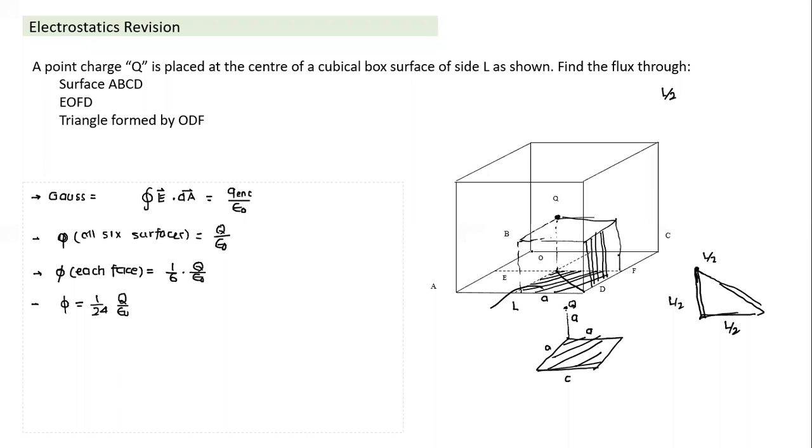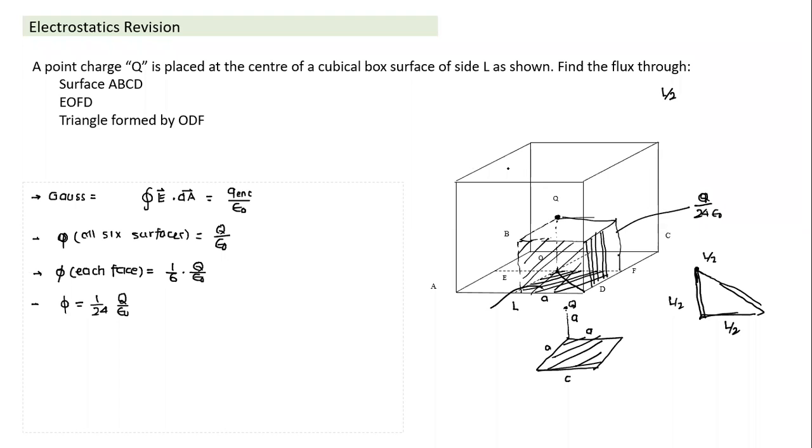All three are symmetrical. All three will have a flux equal to Q by how much? Each surface will have how much flux here? See, this itself equal to flux of this, which is Q by 24. So it will have flux Q by 24 epsilon naught.